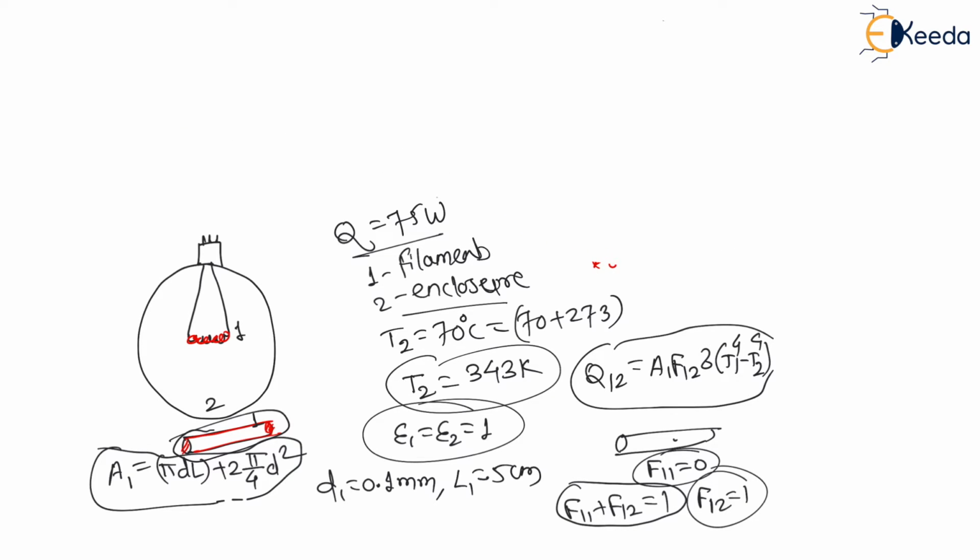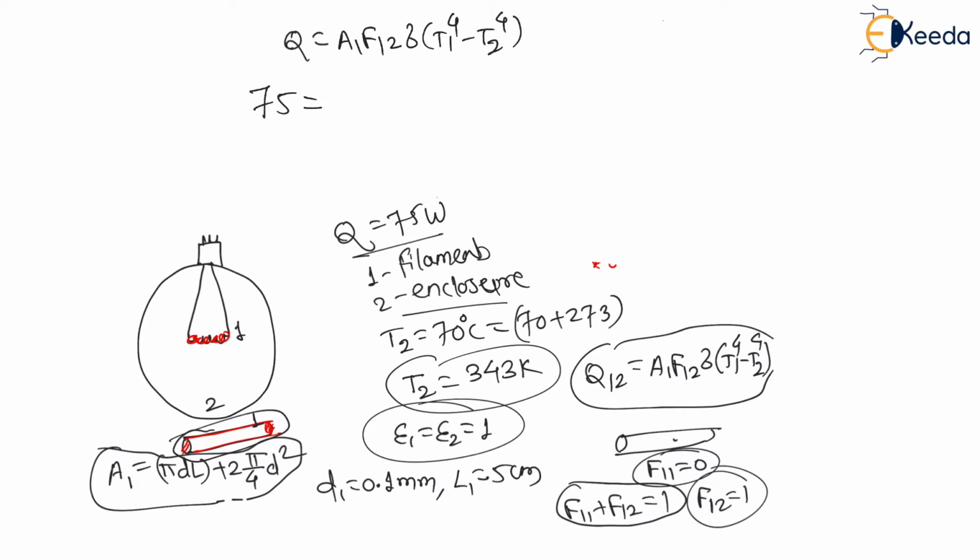So the final resulting equation we got, heat transfer Q is equal to A1 F1 to 2 sigma (T1 power 4 minus T2 power 4). Let us put the values. Q is 75 watt.